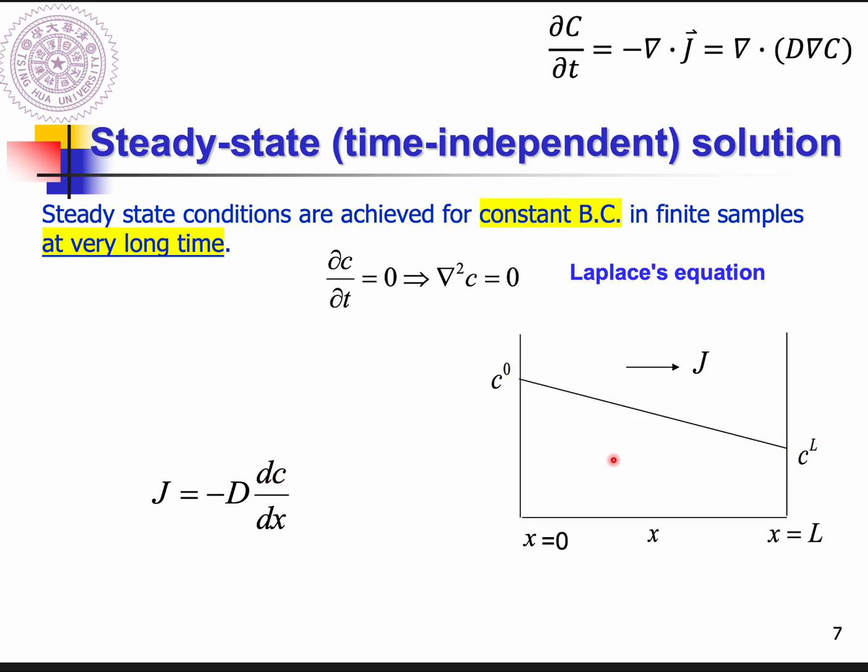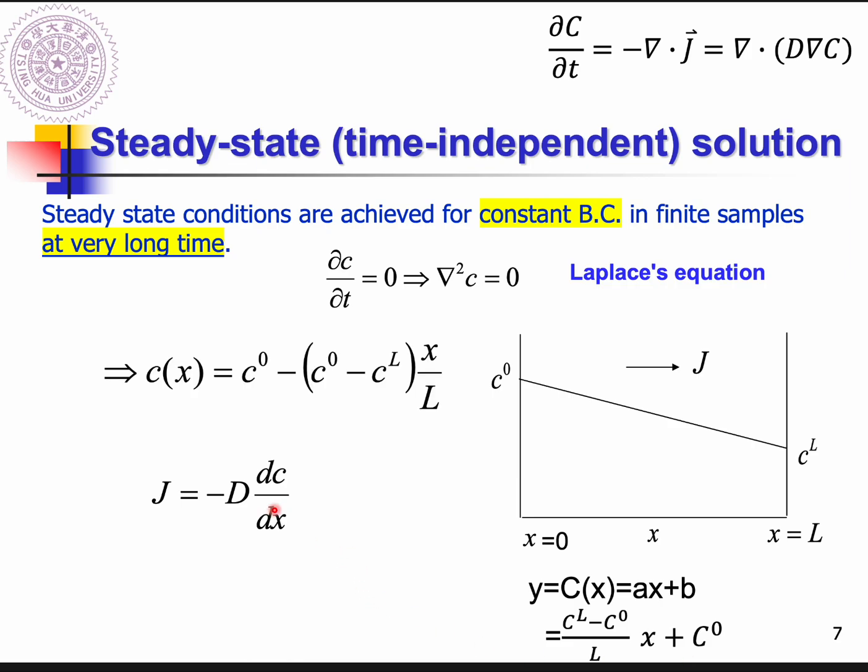Based on this experimental observation, you can formulate c of x expressed like this. So we take the partial with x, and you get CL minus C0, and you have a negative, so C0 minus CL.